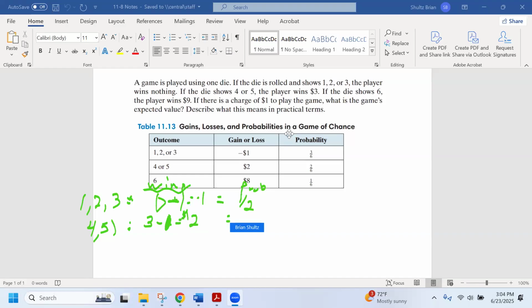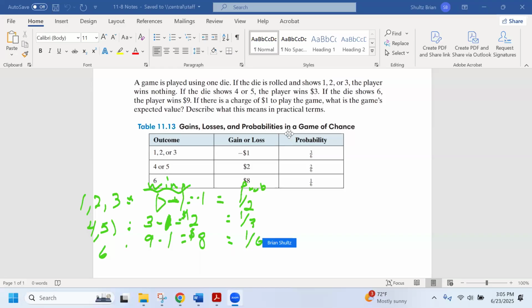And the probability of that happening is 1 out of 3, or 2 out of 6. If you roll a 6, you get $9, but you paid $1, so you actually only get $8. And the probability of that happening is 1 out of 6.